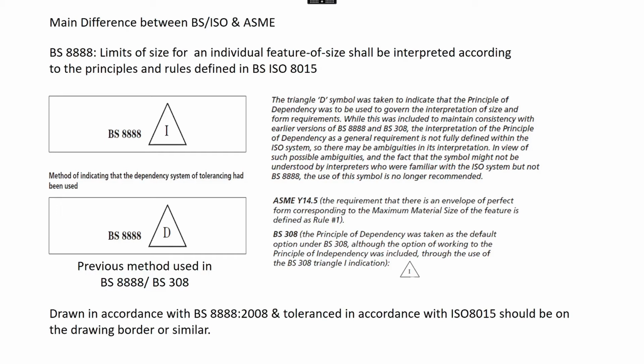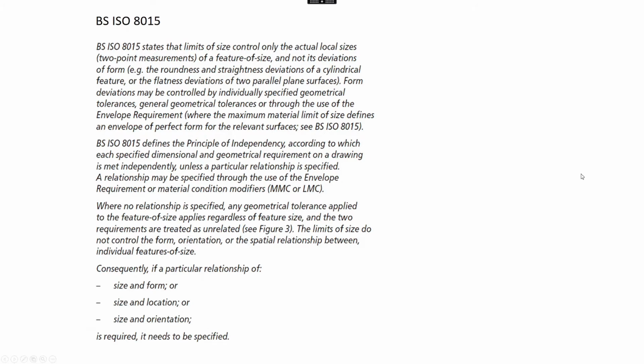And basically ISO 8015 tells you about the system of independency, the fact that the size and form need to be treated independently, and it tells you how to measure the components. Right, so this is the ISO 8015, and it just basically tells you what I've just said. Basically there's no relationship between the size and the form, they're treated independently.